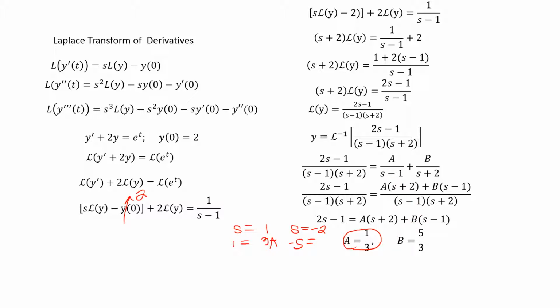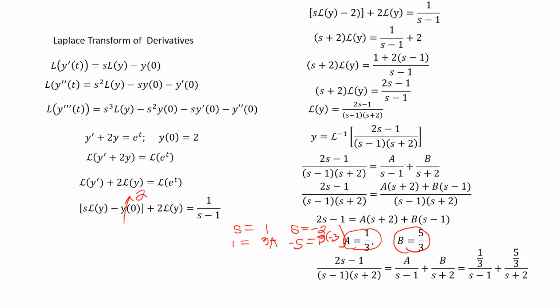So this will be B times -3. And then you get B is 5/3. Therefore, your partial fraction is what?